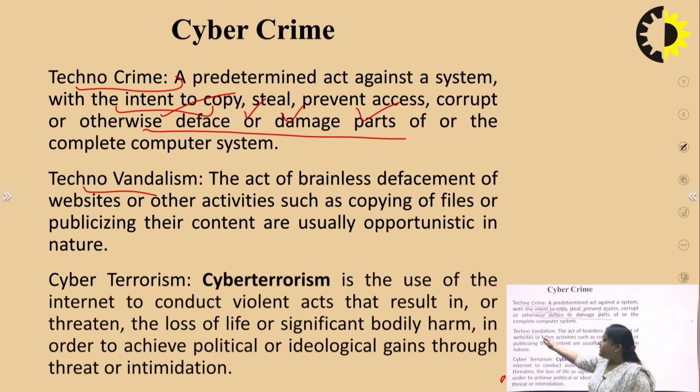Now the next term is techno vandalism. What is techno vandalism? It is the act of brainless defacement of websites or other activities, such as copying of files or publicizing their content, which are usually opportunistic in nature.